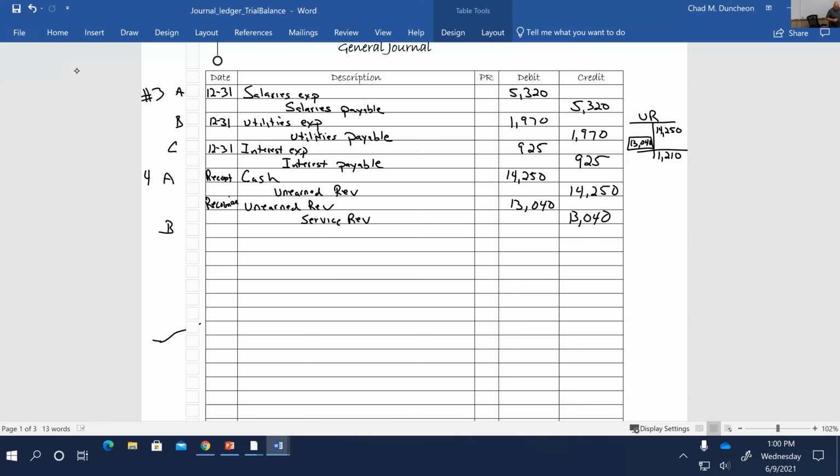B looks at one a little bit differently. Here we collected $9,480 in advance on the contract. So upon receipt, we would have cash and unearned revenue. I believe it said it was 9,800.